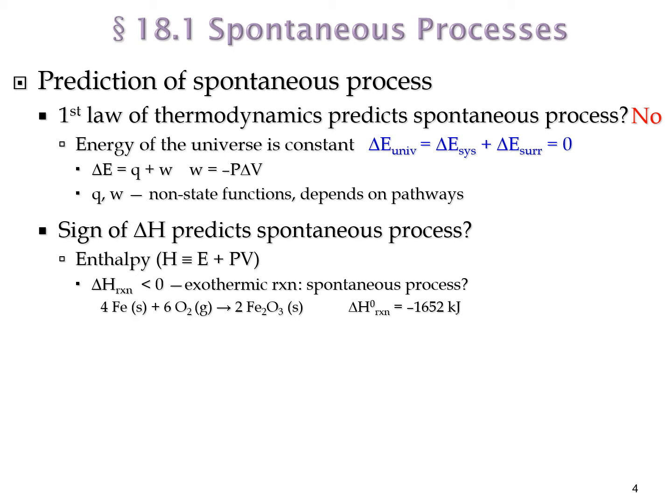Look at this example, the rusting of iron. Of course it is a spontaneous process. It's going to happen no matter what. It could be very fast or it could be very slow, taking years to finish. And when we look at the delta H of the reaction, it's negative, very negative. We are talking about 1.6 megajoules for such a reaction.